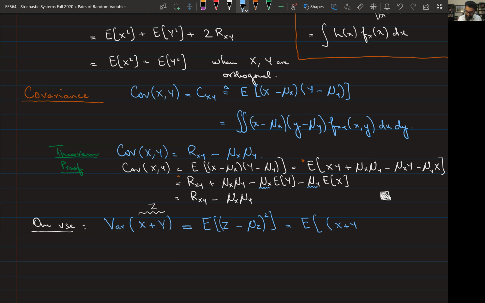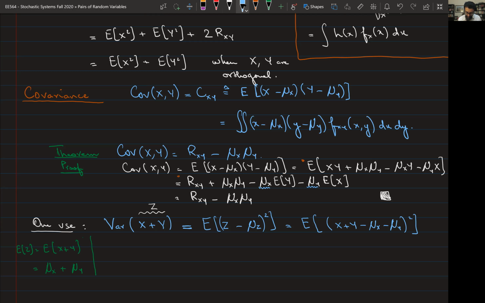So this is minus mu x minus mu y whole squared. There's a box here: expected value of z is equal to expected value of x plus y, which is mu x plus mu y. And all I've done is plug this back in there. Okay, how do I expand this?